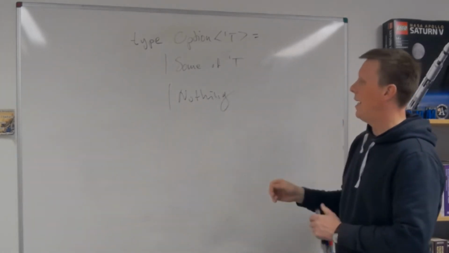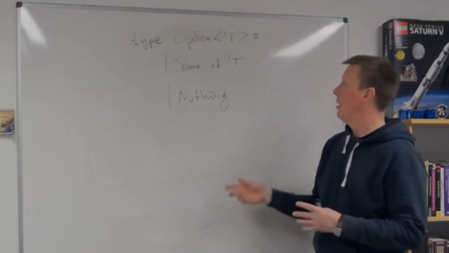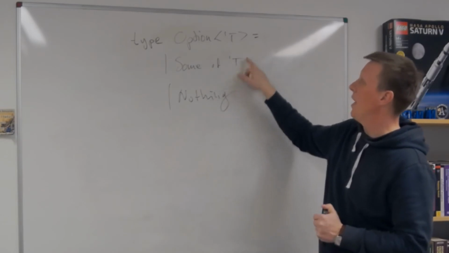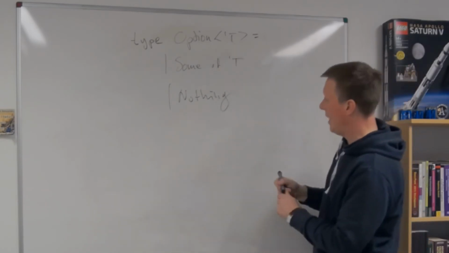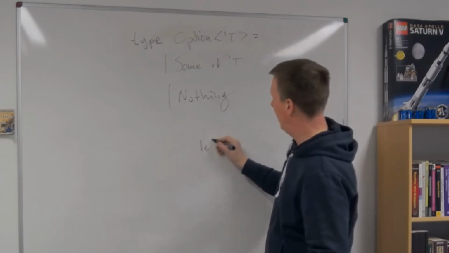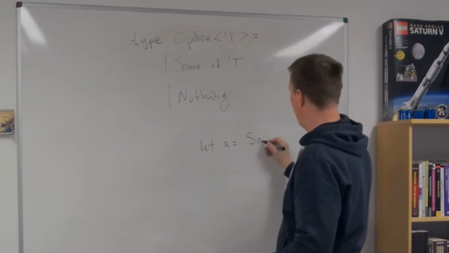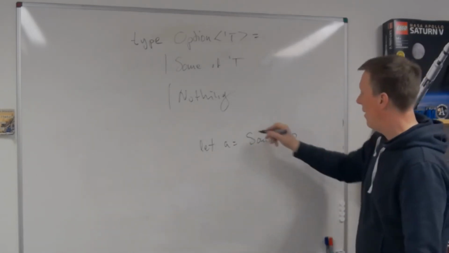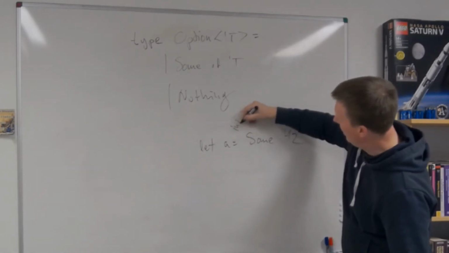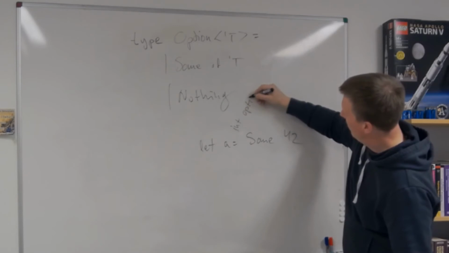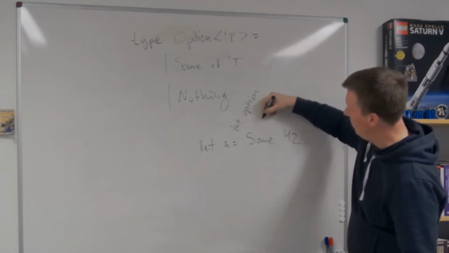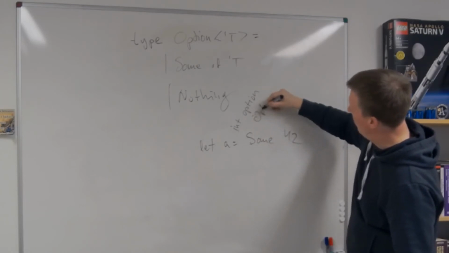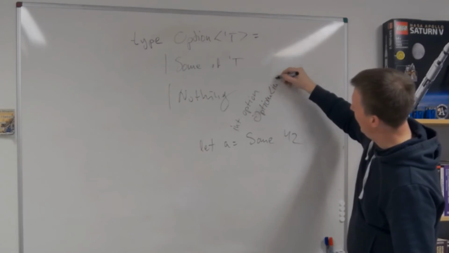So this is a type which can take two cases. One has a label sum and contains a value of the type t that you specified. So I could say something like let a equals sum 42, and then this would have the type int option, or if you like to be more like C# programmers, option int.